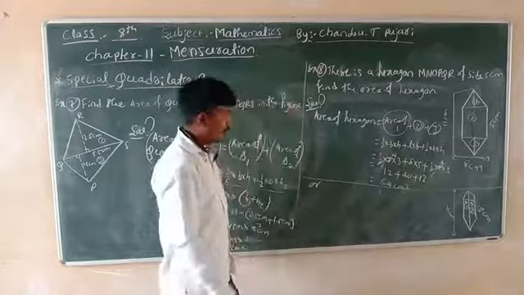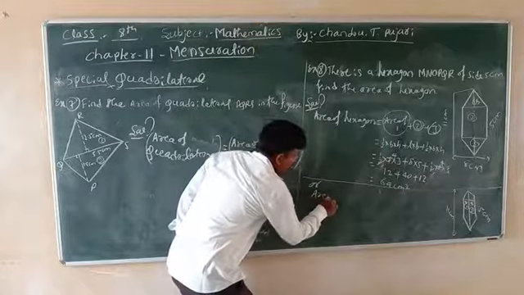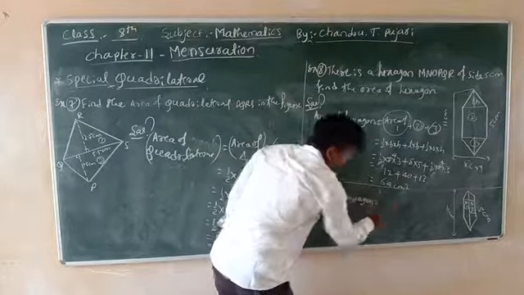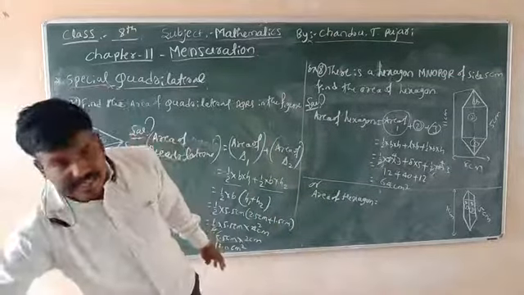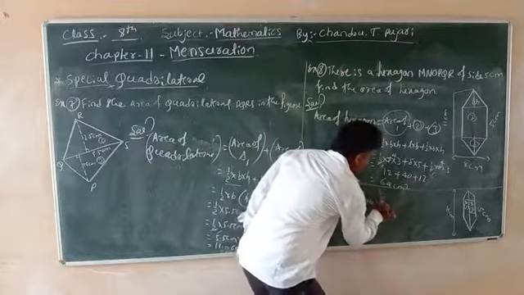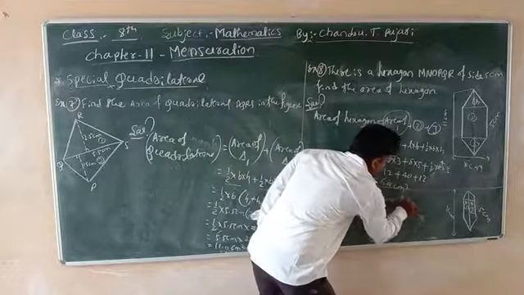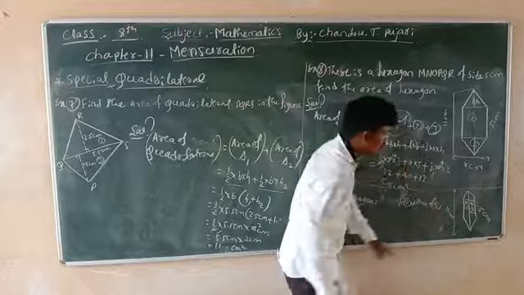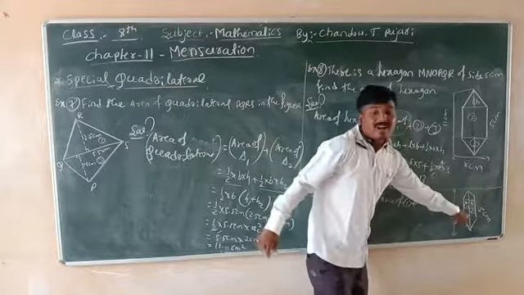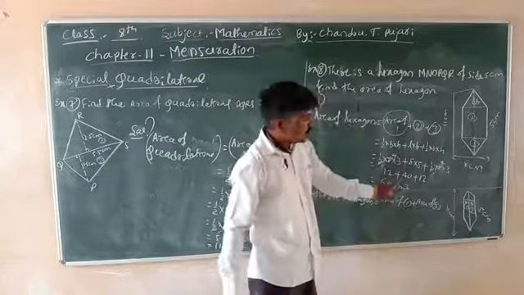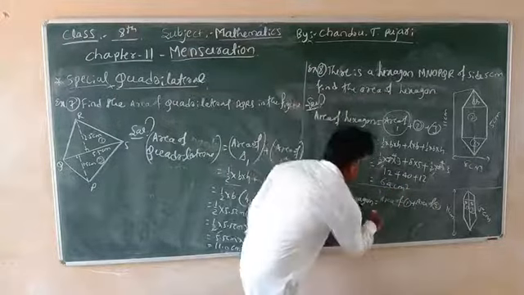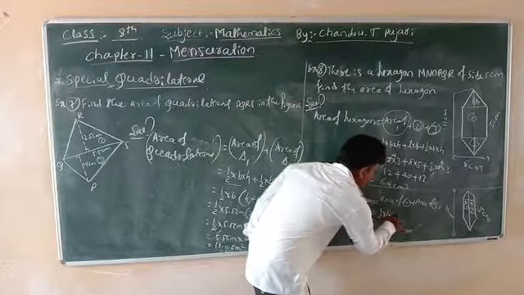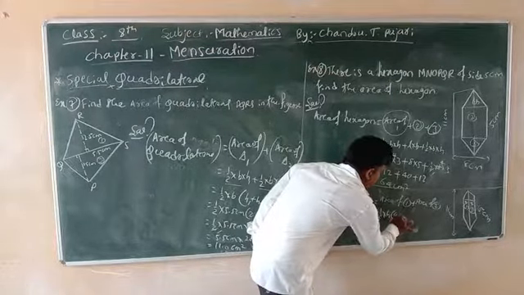Therefore, area of hexagon is equal to area of first part plus area of second part. These two are trapeziums, and these two figures are the same. The trapezium formula is 1 by 2 into h into the bracket of a plus b.